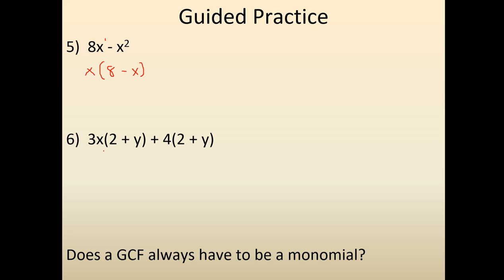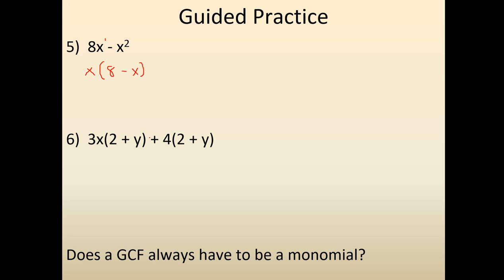Now six is a little bit tricky because we don't actually have it written out in standard form. But if you remember, the whole idea is we're looking for factors that they share together. So we actually can see that there is a factor of these two terms that they share.